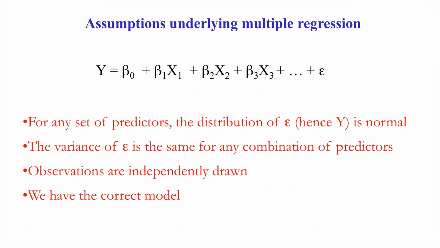What assumptions are we making when we fit a multiple regression? Well, for any set of the predictors, we're assuming that the distribution of epsilon, the error term, is normal. We're also assuming that the variance of epsilon is the same for any combination of those predictor variables in terms of their sizes. We're assuming also that the observations on which the model was based are all independently drawn.